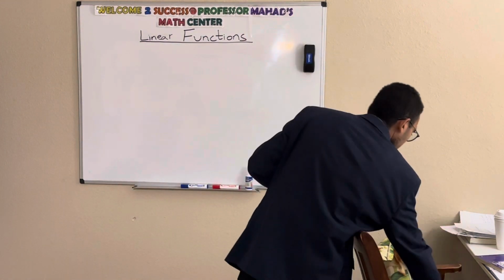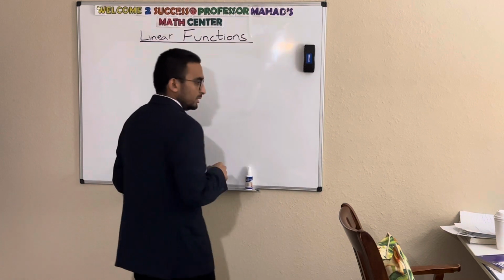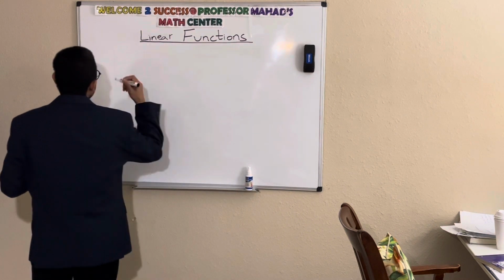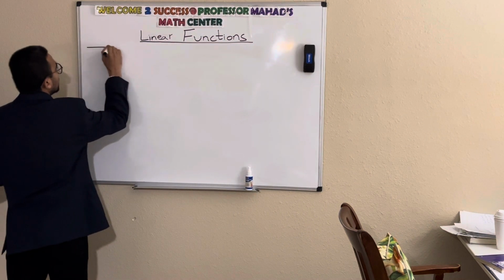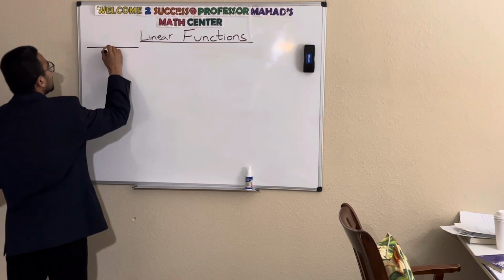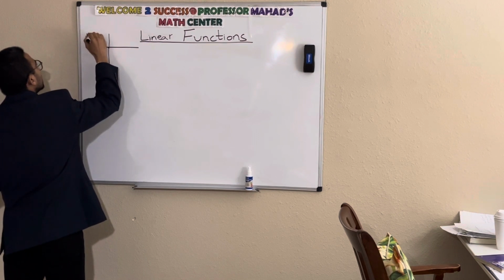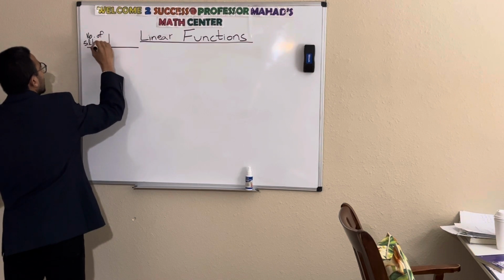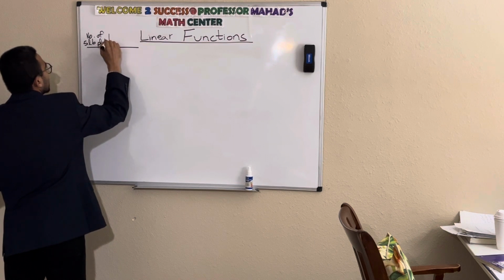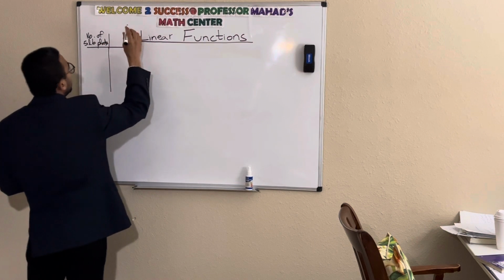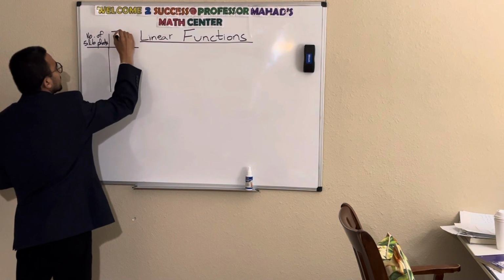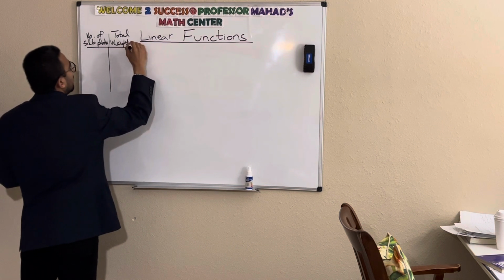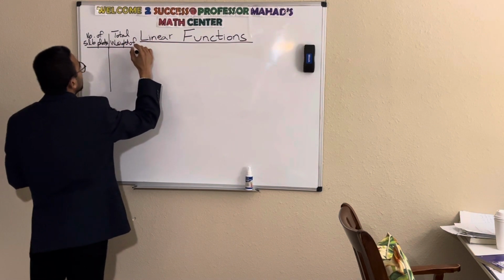So let us say I have two quantities. One is the number of 5 pound plates, then I have the total weight of the adjustable dumbbell.